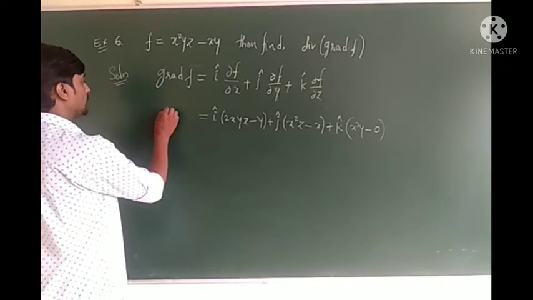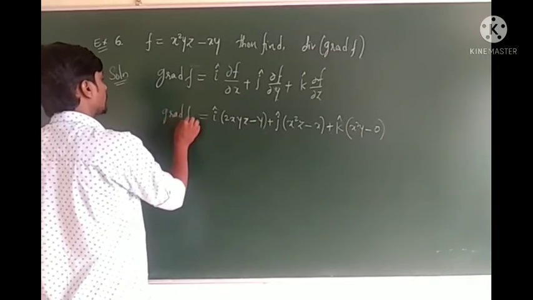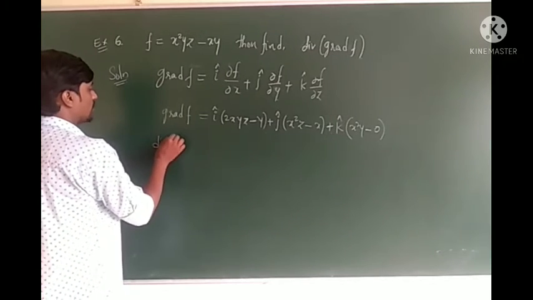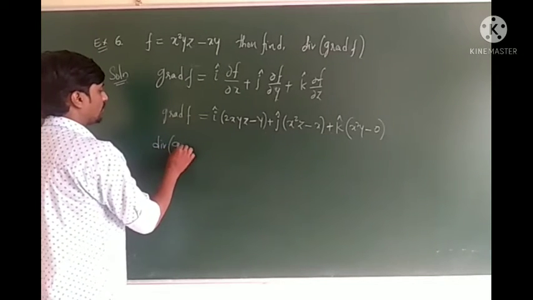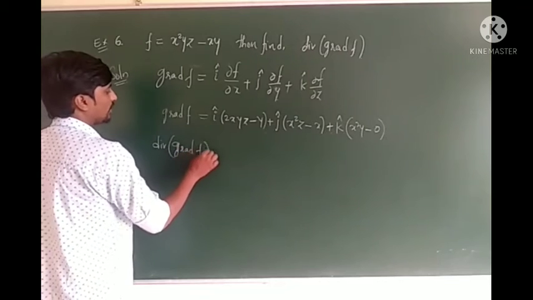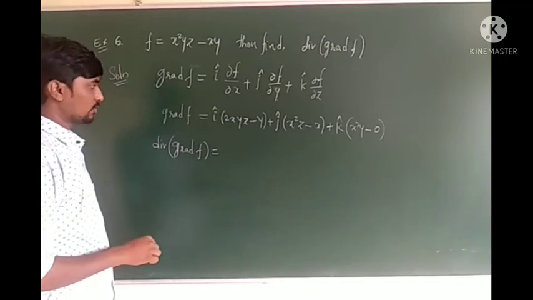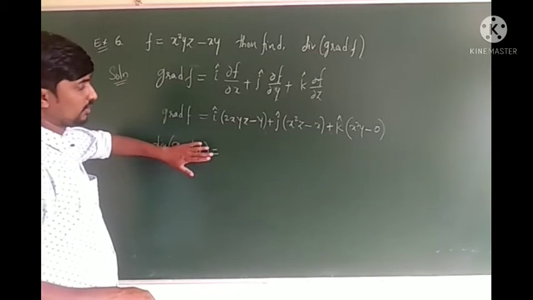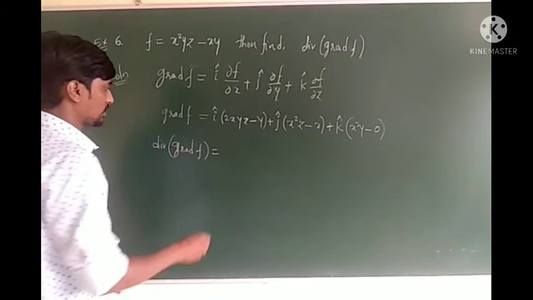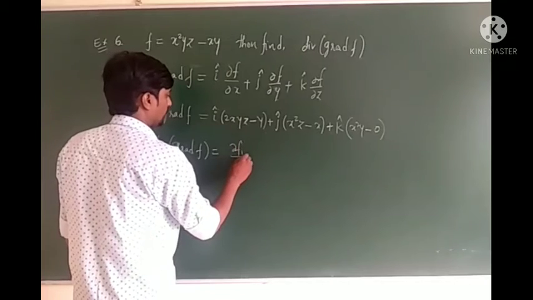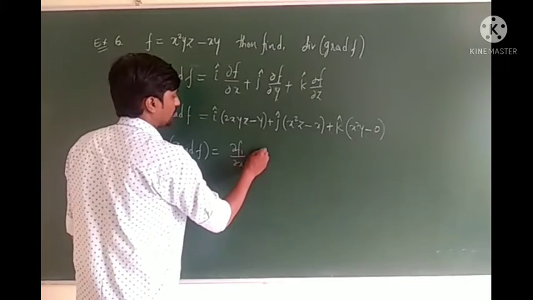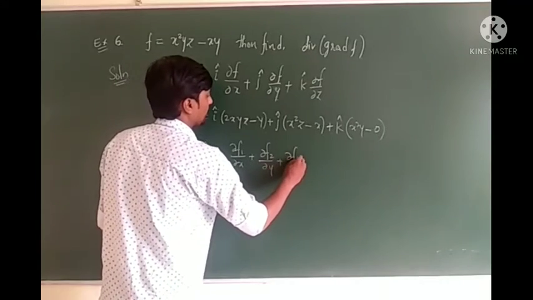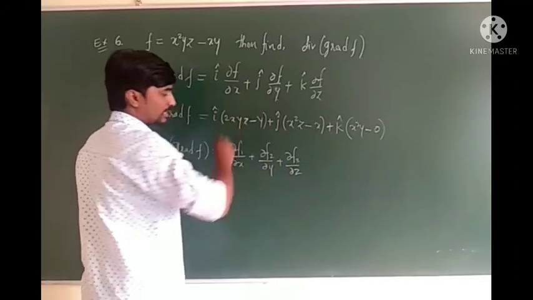So now apply the divergence to the gradient of f. The divergence is written in the format dou f1 by dou x plus dou f2 by dou y plus dou f3 by dou z.